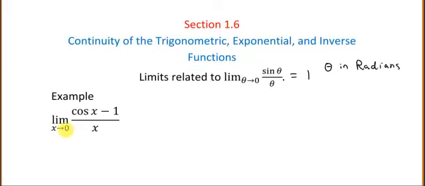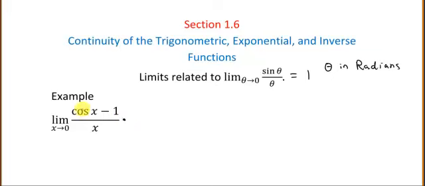The limit as x approaches 0 of cosine of x minus 1 over x. This limit may be stated in your book as the limit as x approaches 0 of 1 minus cosine of x, but I found this to be the most helpful when we're talking about the derivatives. Now, a common tool that you can use to take a limit is to use the conjugate.